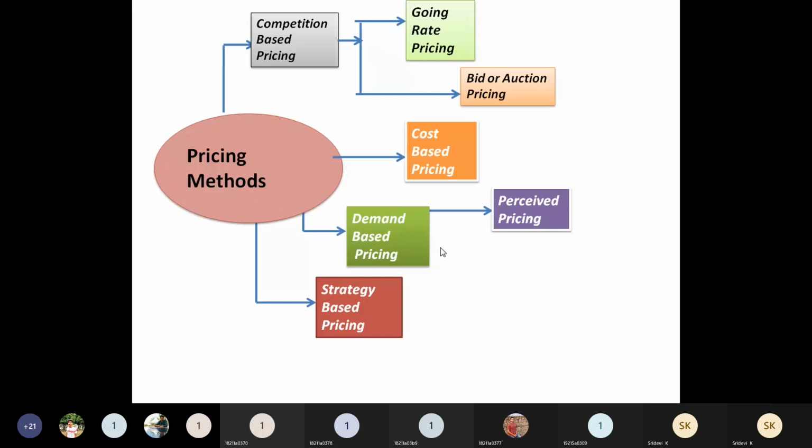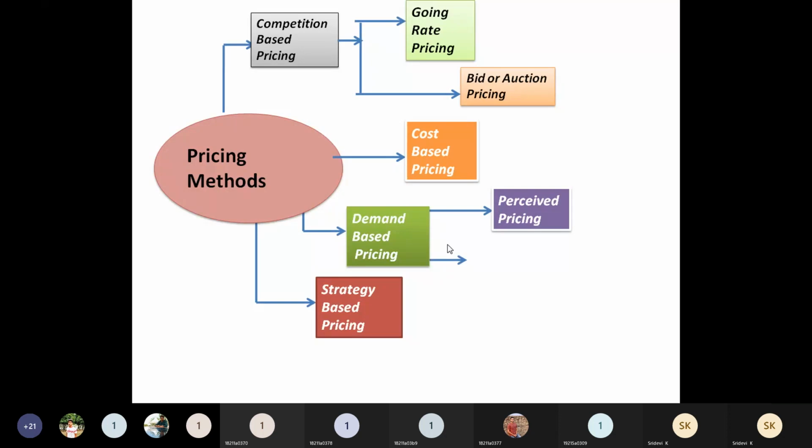If he doesn't know the price of the product, he will be charged higher prices. If he knows, the right price will be charged. Otherwise, more will be collected from the customer. Based on the knowledge of the price, it is going to be fixed.